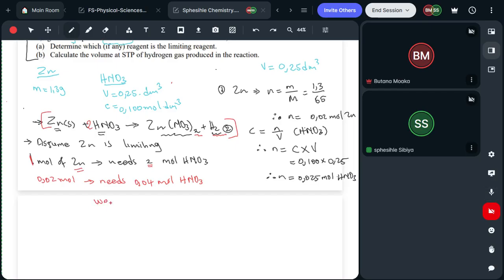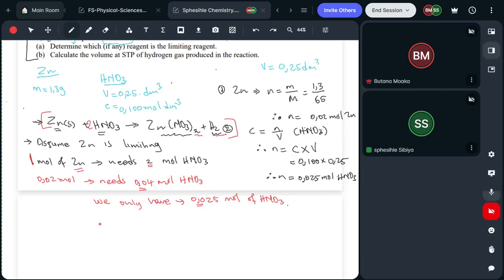We only have 0.025 mole of that HNO3. Can you see? Is that enough? That's not enough. You understand? This is what we need, but we have less of that.